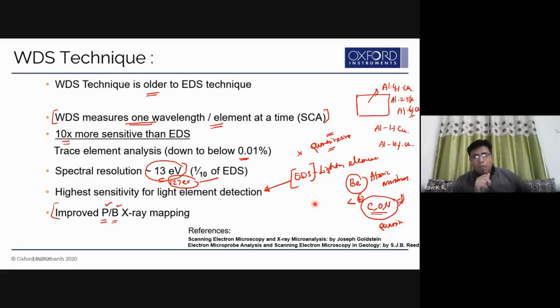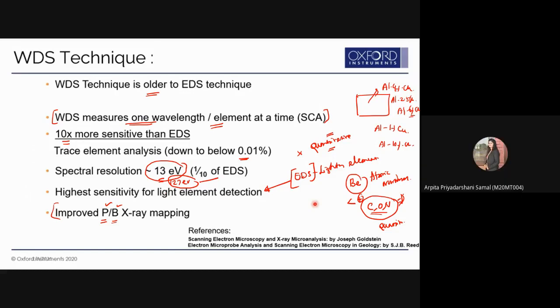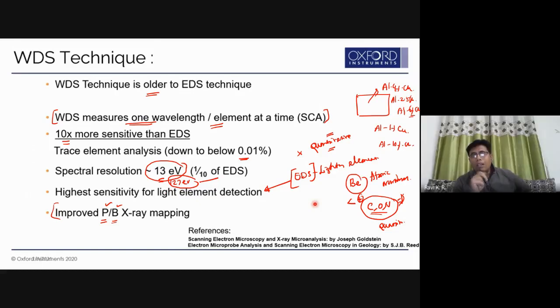But in all the cases, electron probe microanalysis also uses WDS. WDS is the one used in EPMA.